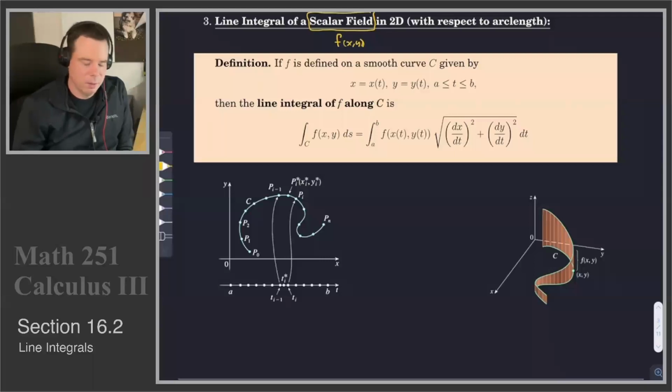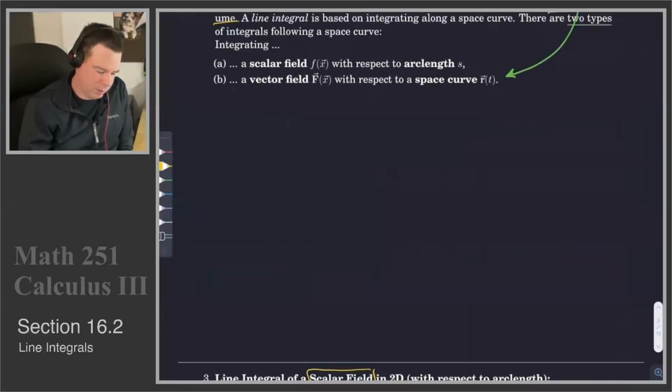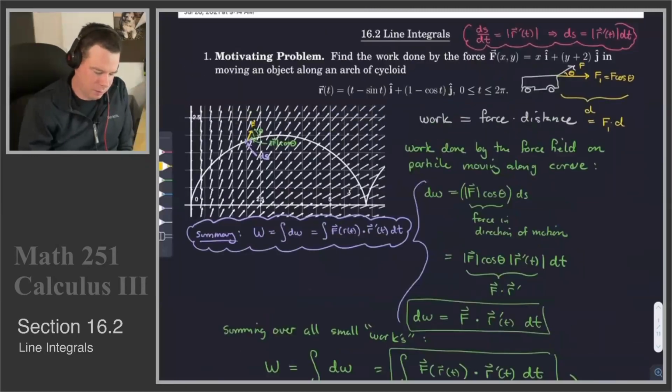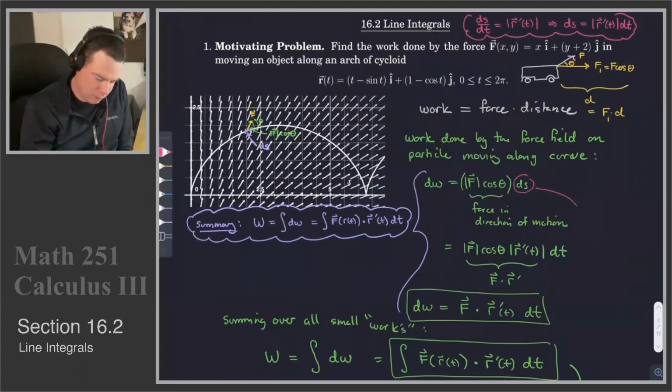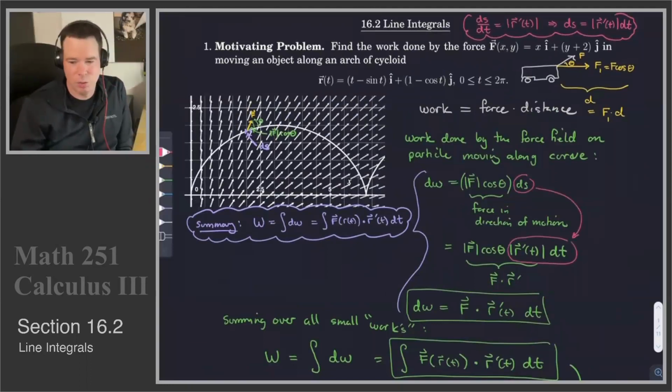And then, as I mentioned last day, right at the very top of the page, we had ds/dt is equal to the magnitude of r prime of t, and I said that was going to be used again and again in this section. We used it once already here to go from ds to the magnitude of r prime of t dt. So what is our arc length element?